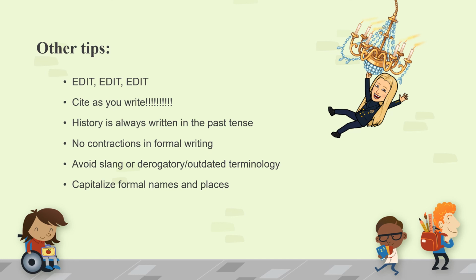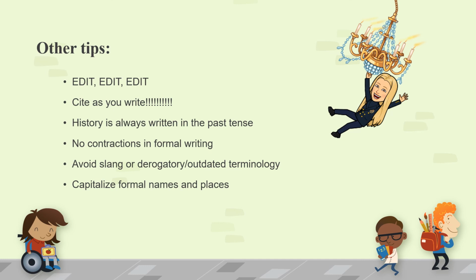That's okay. Get it all down and then you go back and you make those simple sentences better and you add analysis. It's about construction. You start at the bottom level and build, build, build until you have a pyramid, okay? Edit, edit, edit.